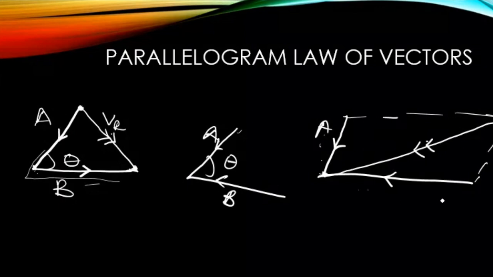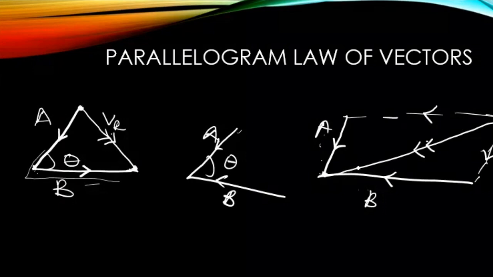In this case, we can see that this vector A has a similar one here, and this vector B also has one here. So we see that from this point, the two vectors are moving away from the point, but from this point, they are coming towards the point.